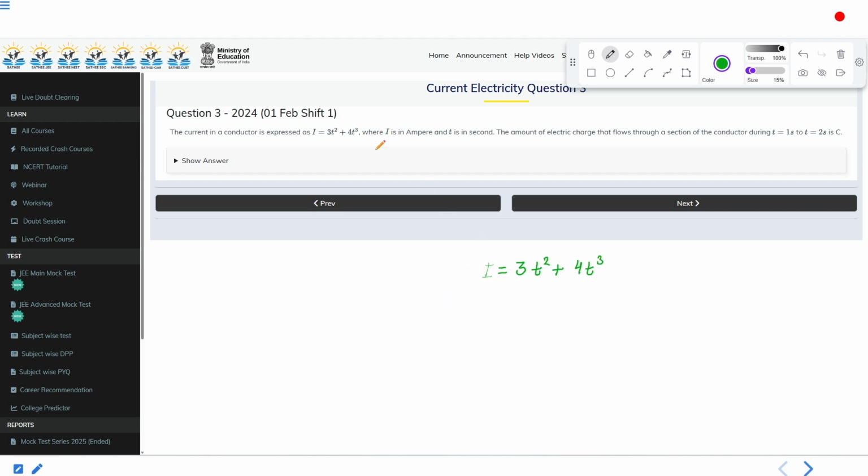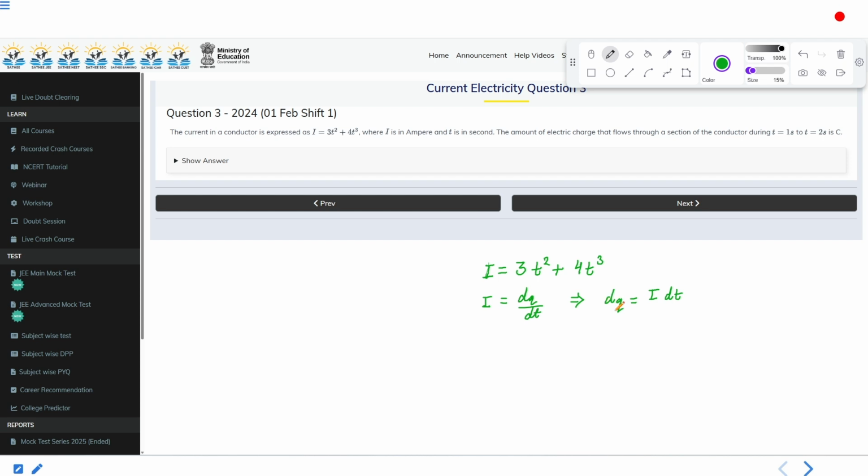Okay, so we know that I is equal to dq by dt. So we can write dq as I dt. When current is given as variable, we cannot find the charge directly by using q equal to I t. So it can be found using I equal to dq by dt. So dq will be I dt.